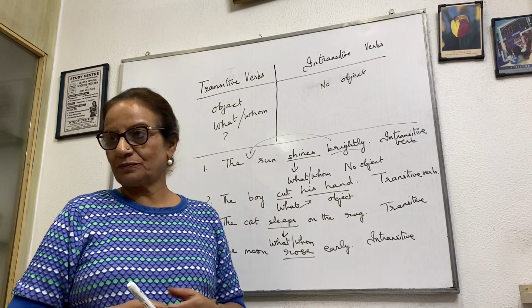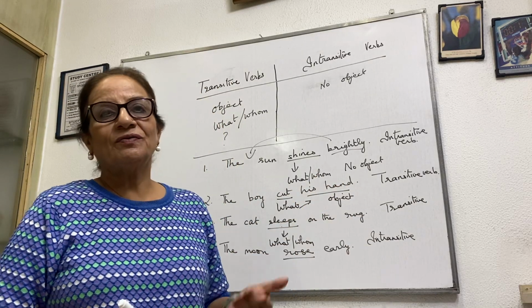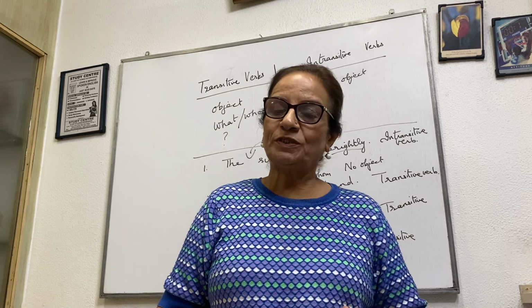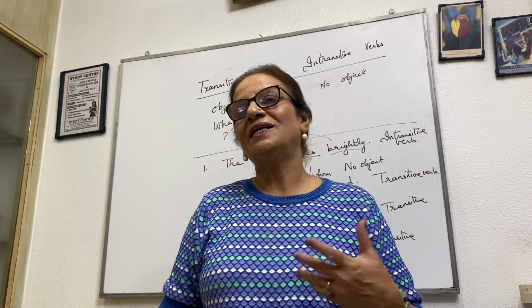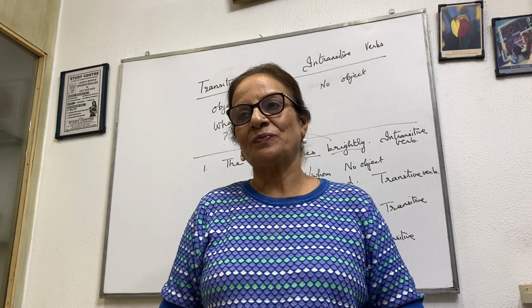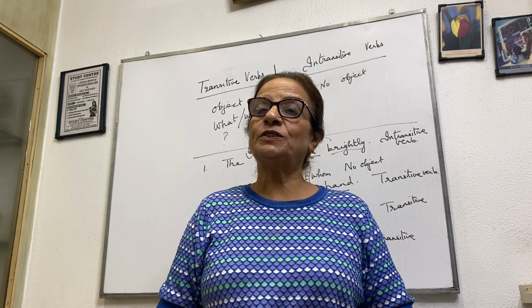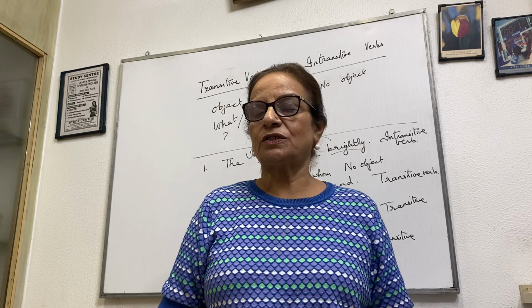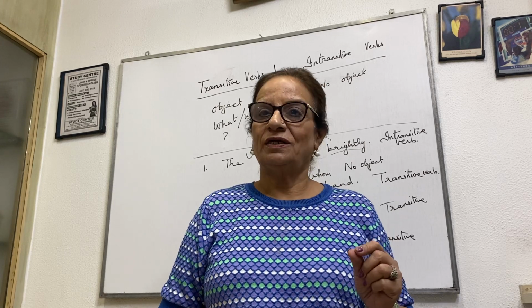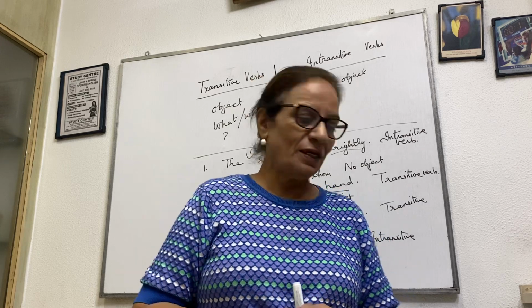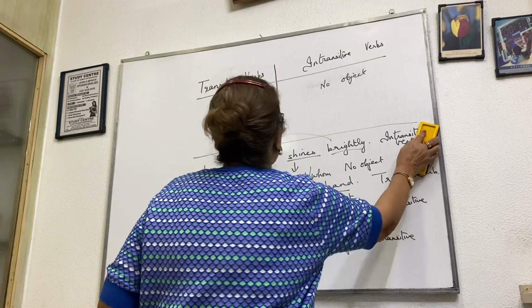His hand. So a sentence which has an object is transitive. One which does not have an object is intransitive. And to find out if there is an object, we ask the question what? Try only with what and you will get your answer. So let's do some more sentences.